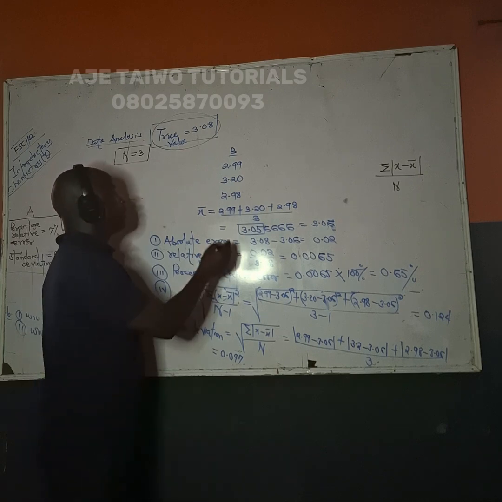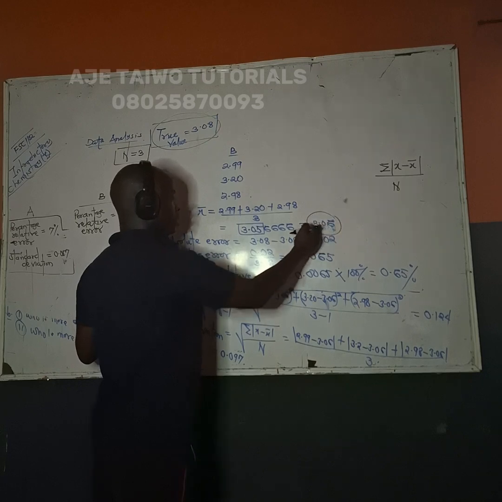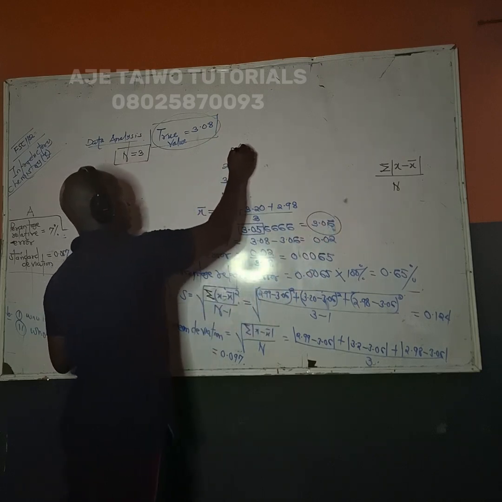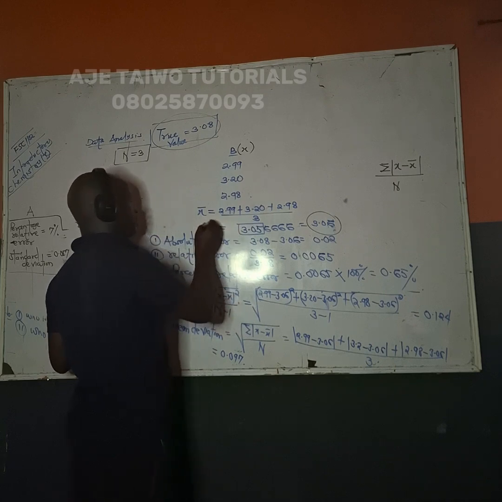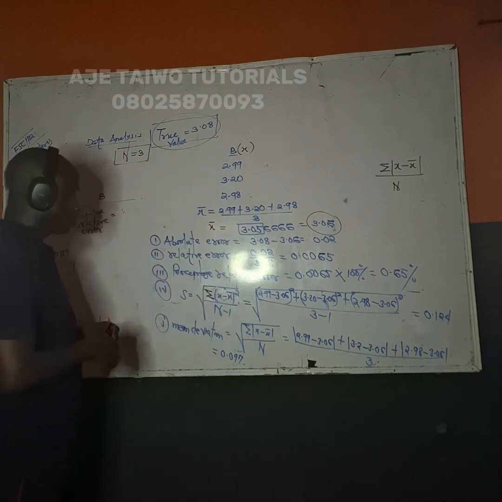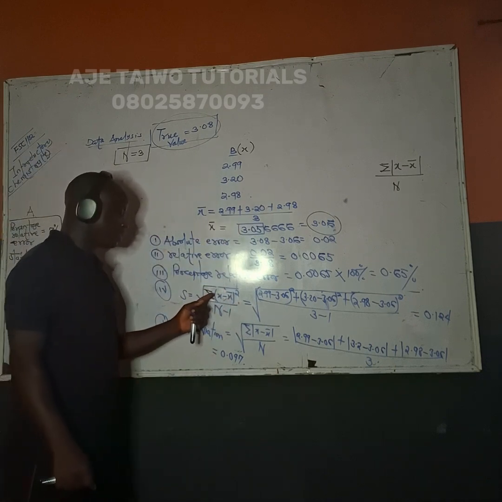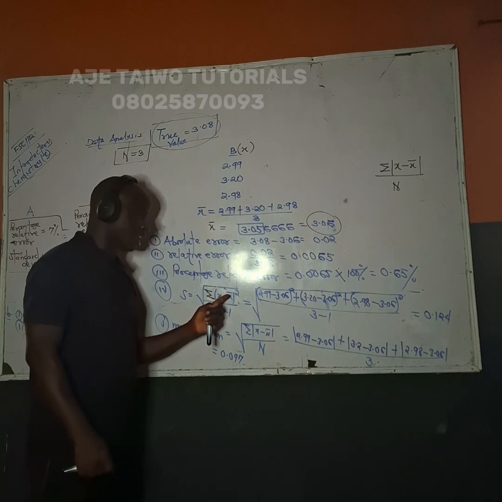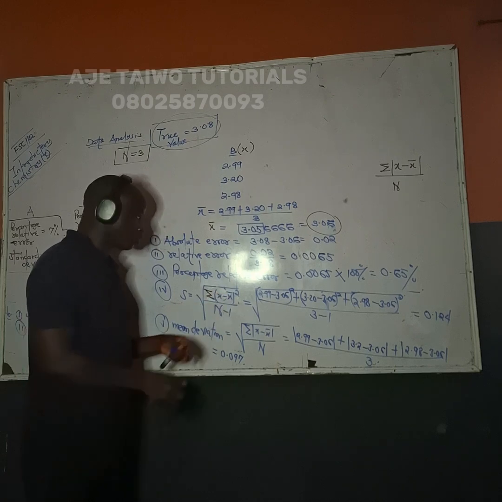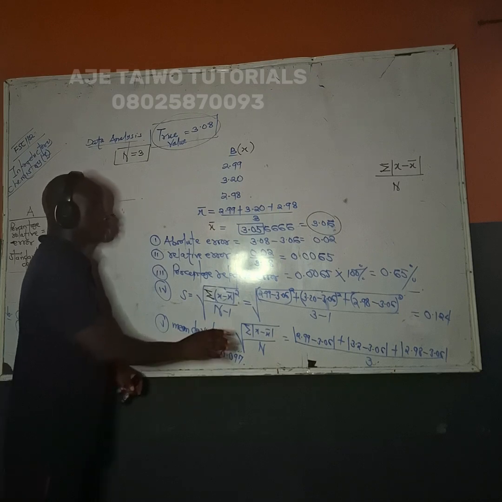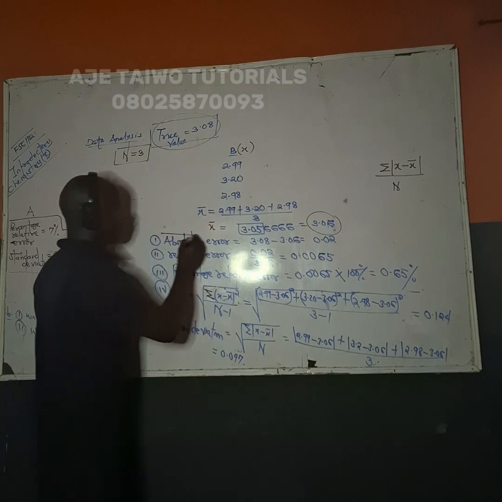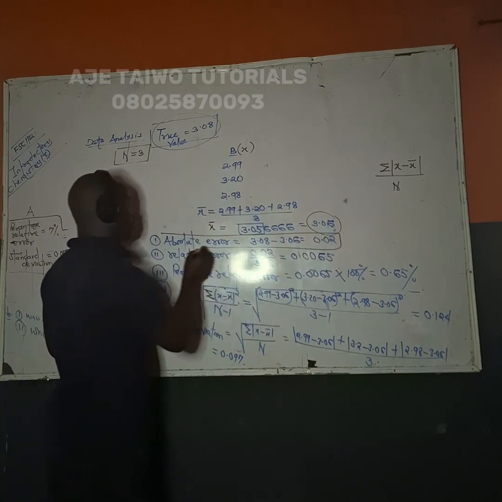So your mean, these are the x values. Is that okay? And this is the mean of all the x values. So when you are doing this, it is x minus x bar. There is no true value again from here. True value ended when you found absolute error.